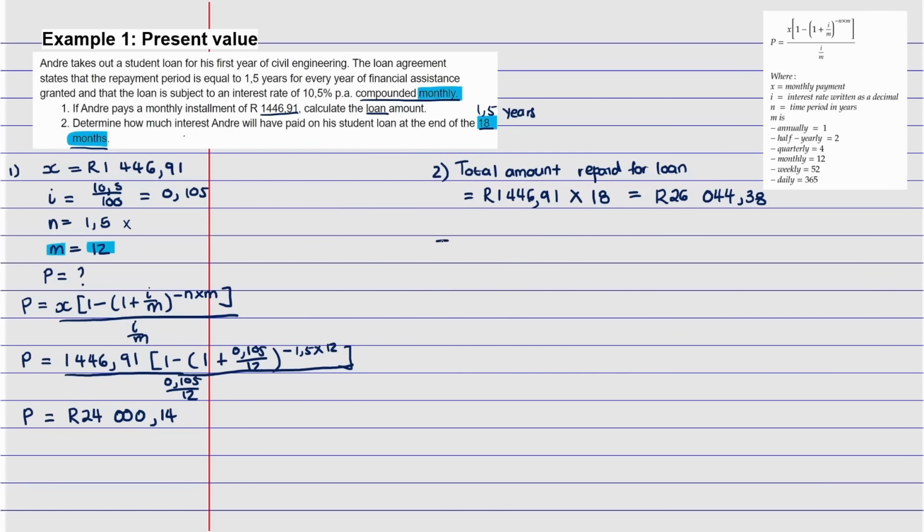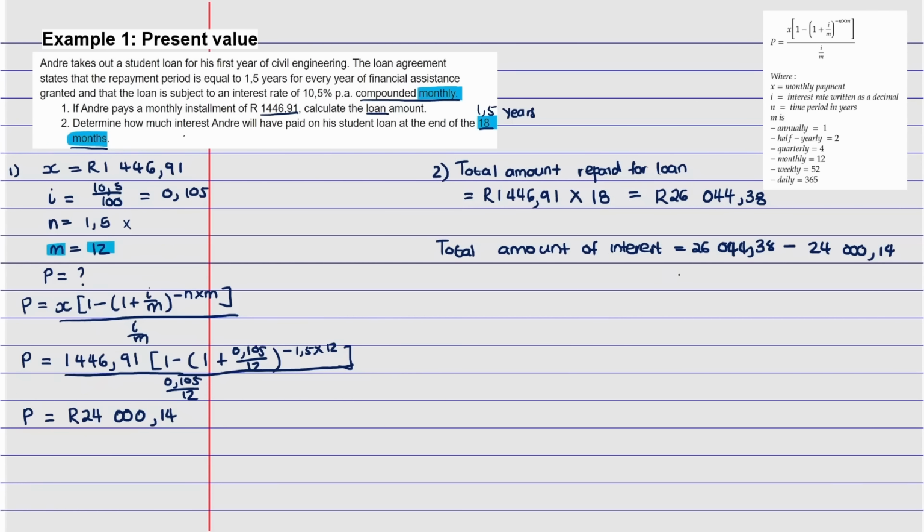So the total amount of interest is going to be this 26,044.38 minus the 24,000, 14.